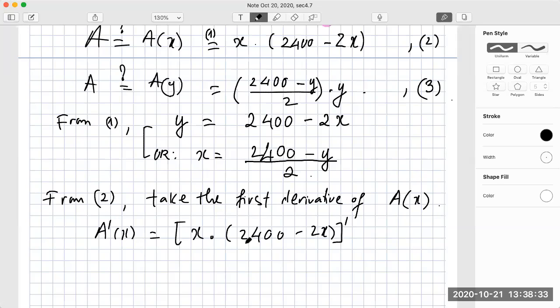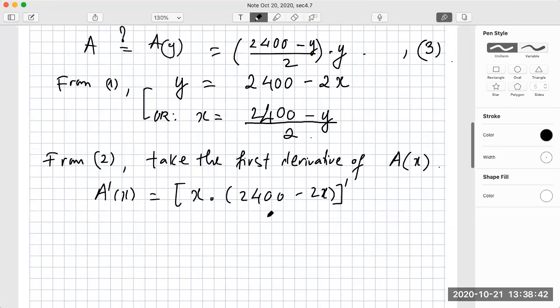It's up to you. They will give the same result. So which way do you like? Product rule? Okay, very good. So from the product rule, it will be x prime multiplied with (2400 minus 2x), and plus, what is it here?